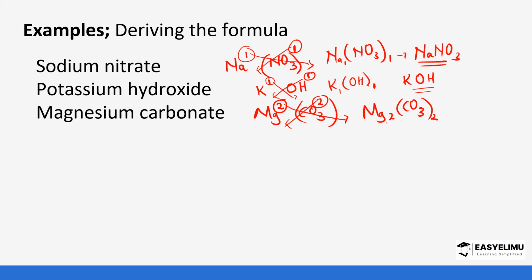So these ones can cancel out, so we cancel them out. Becomes 1 and also this one 1. So we said we don't write 1, so Mg, and then we remove the bracket if there's only 1 outside the bracket, so it becomes MgCO3. So that is magnesium carbonate.